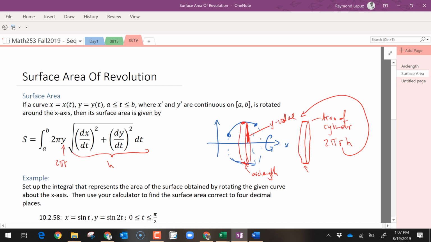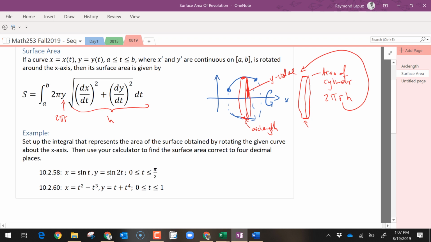And then we just add up a whole bunch of these sides of the cylinders, and then we have the total surface area. Okay, so that's where that formula comes from. And now that we're okay with that, let's do a problem.